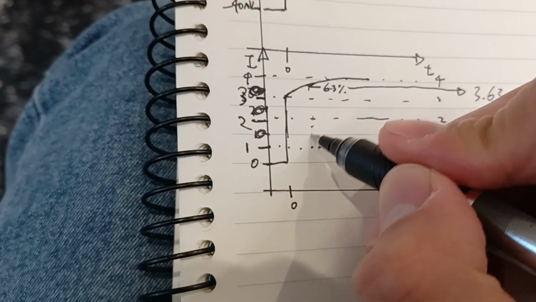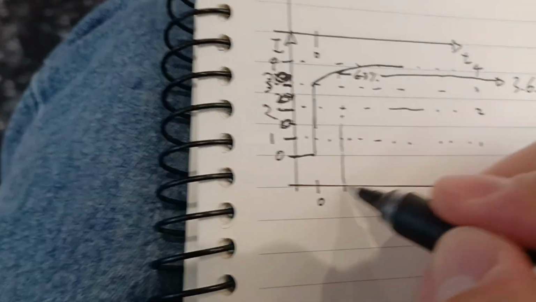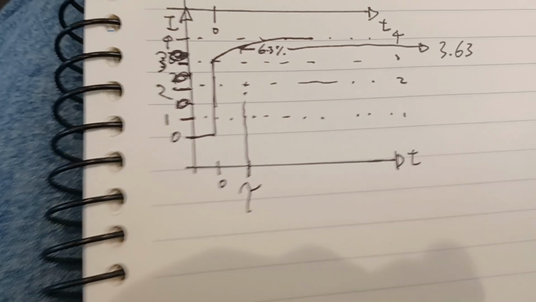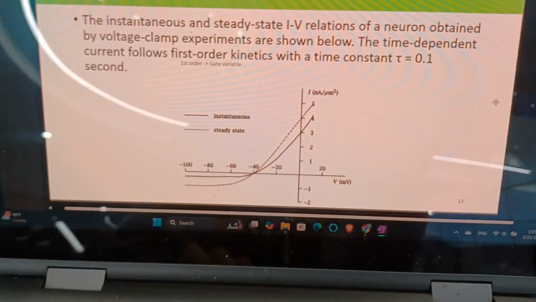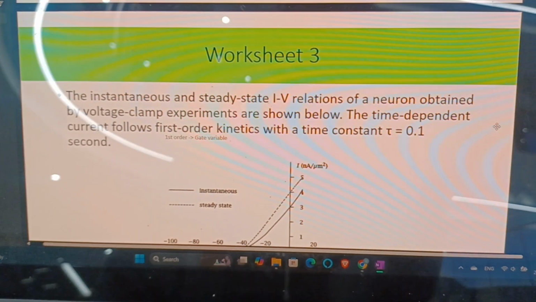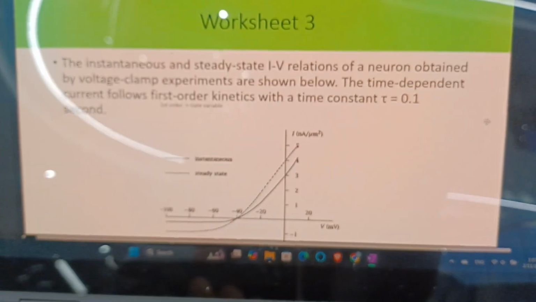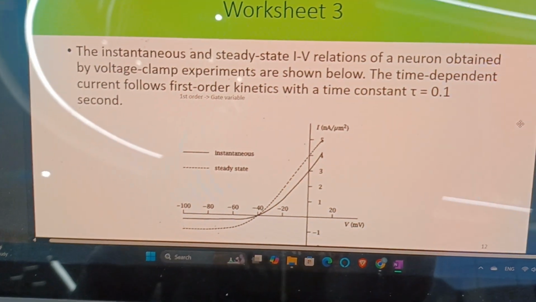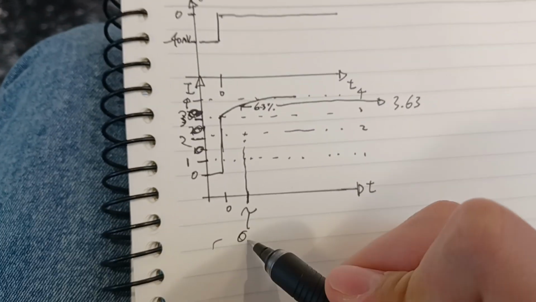And the time that it reaches the 3.63 is the time constant. And in this problem, if we go back to the previous slide, it was given that the time-dependent current flow follows first-order kinetics with a time constant of 0.1 second. So in this case, this would be 0.1 second.